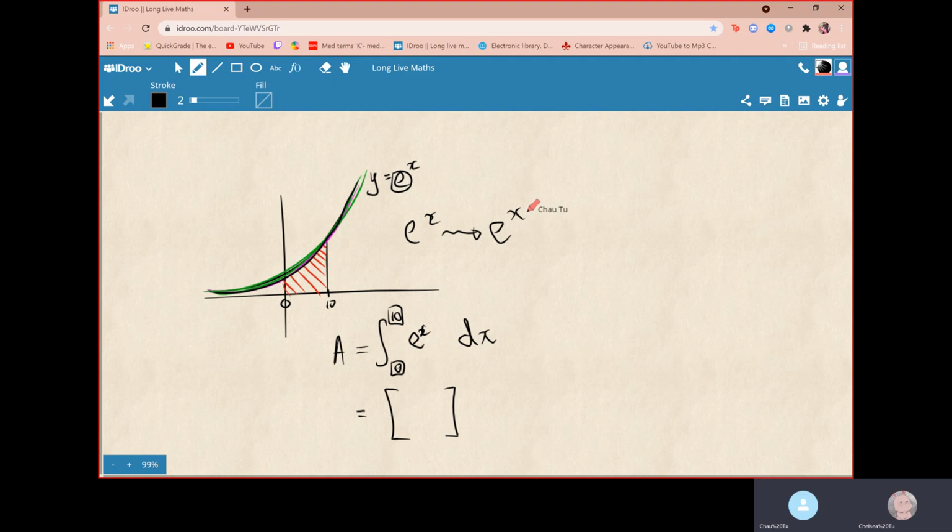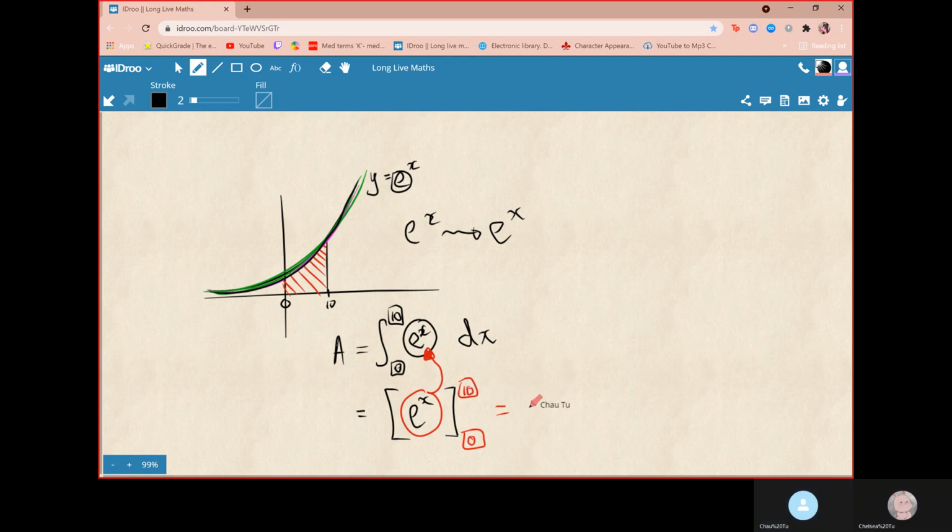So when you integrate this, it will be its exact same self, because if you differentiate this, it gives you e to the power of x. From 0 to 10. That then equals what?